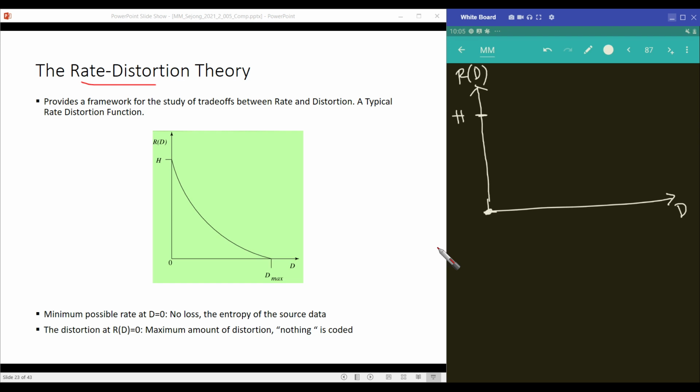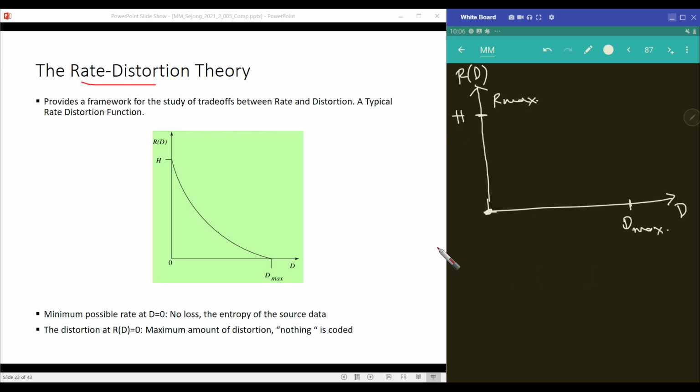That means the distortion is so much that we can't receive any information, or in other words, at R(D) equals 0, our distortion becomes the maximum amount of distortion, right? So let's say that distortion is D max, and this is our R max.